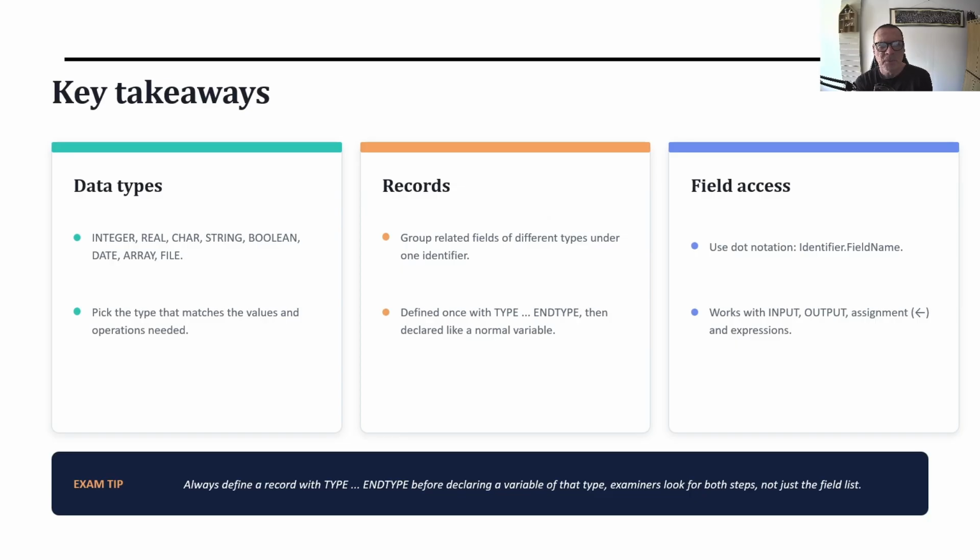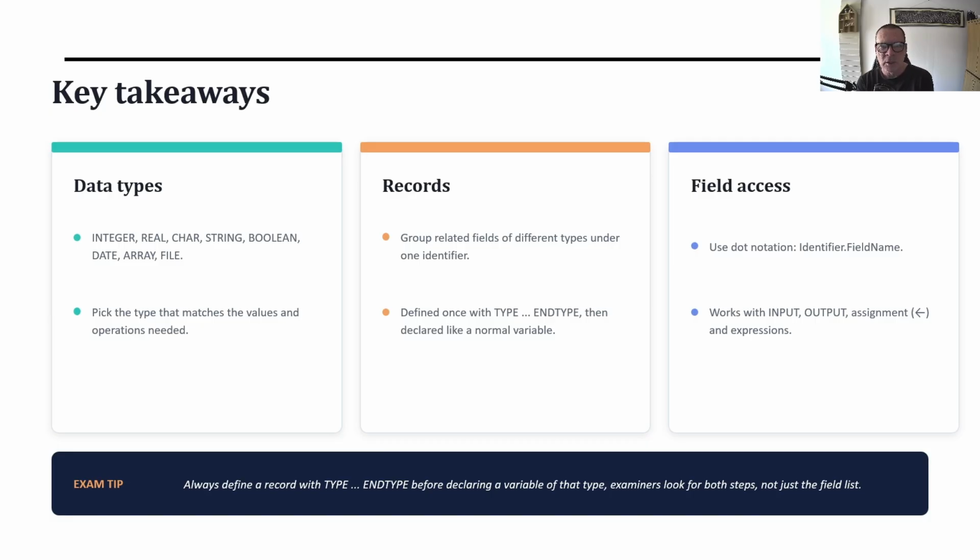So, summary. We've got various data types we can use in our pseudocode and our programs as well, like integer, real, char, string, boolean, and so on. You need to try and pick the data type that matches the values you want to store and the operations that will be carried out on them. Then we've got records, which group related fields of different data types under a single identifier and create a new data type.